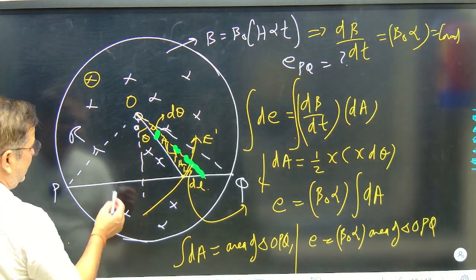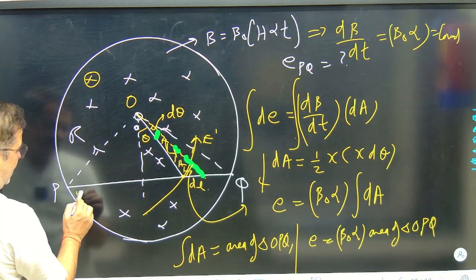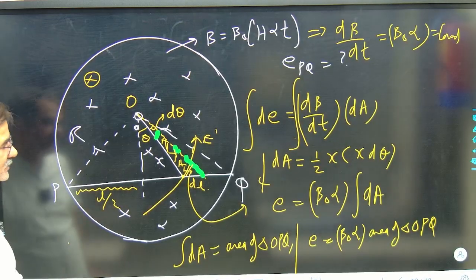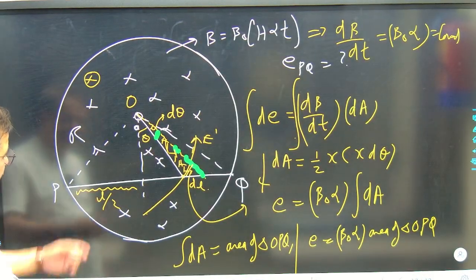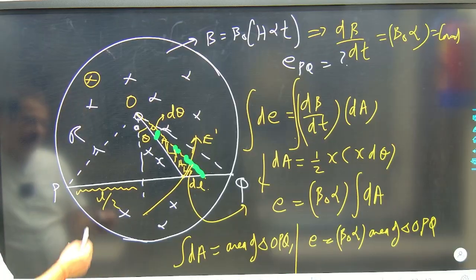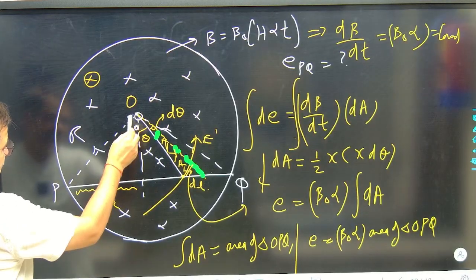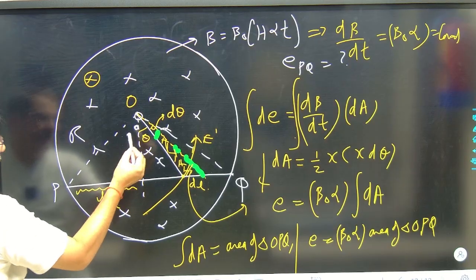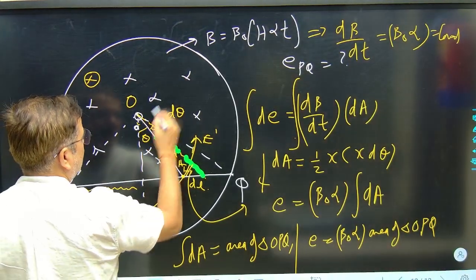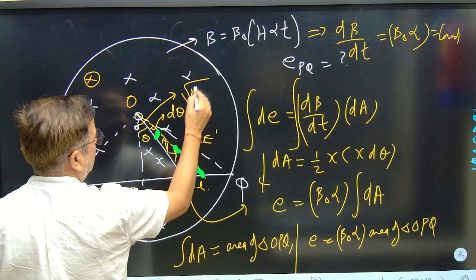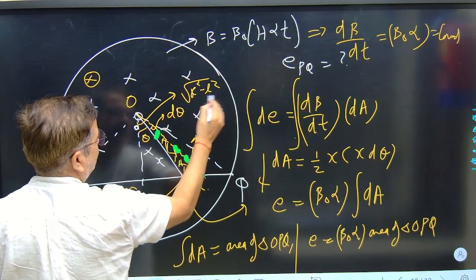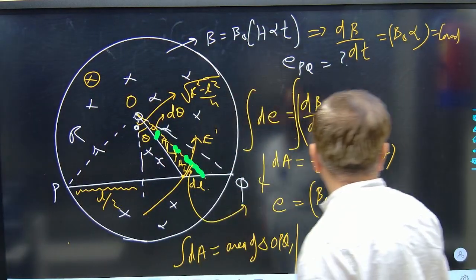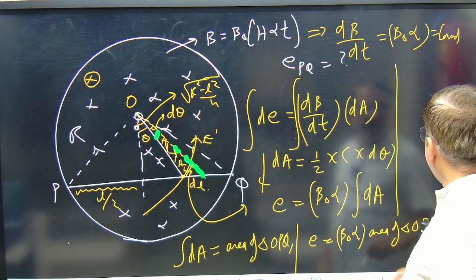Say this is R, and this length is L by 2, because the total length of the rod was L. So this length is R, this length is L by 2. So the other length will be under root of R square minus L square by 4. Correct.